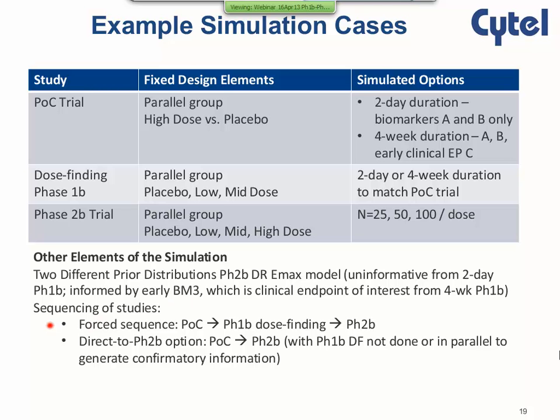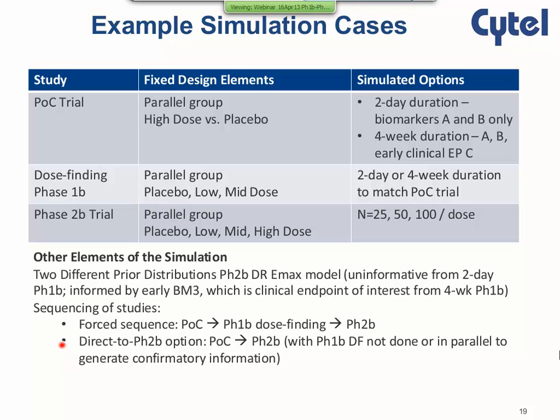We have this forced sequence of trial options that goes from POC to phase 1B dose finding with biomarkers and then to phase 2B, and we had this option for the rapid to phase 2B option, skipping the phase 1B dose finding biomarker trial.